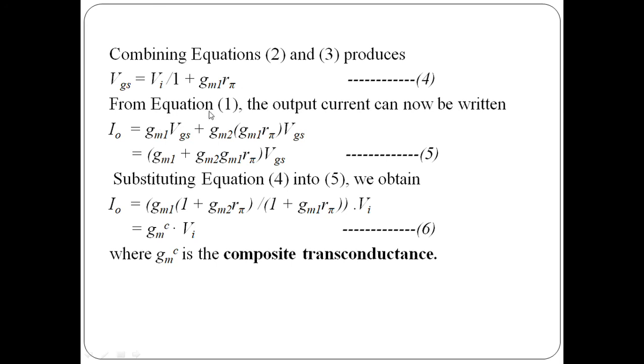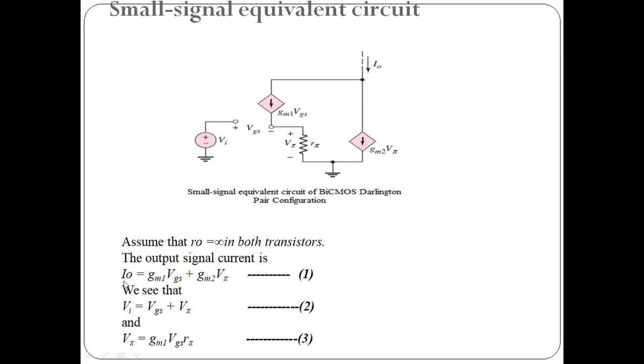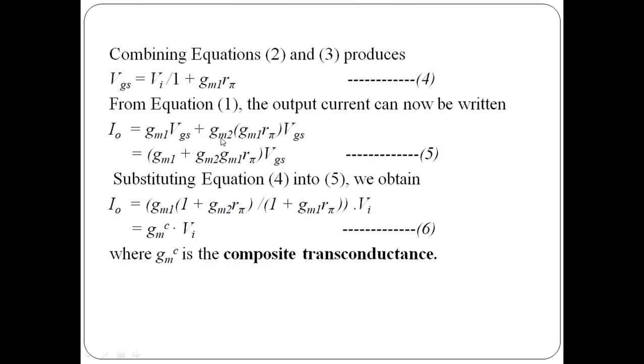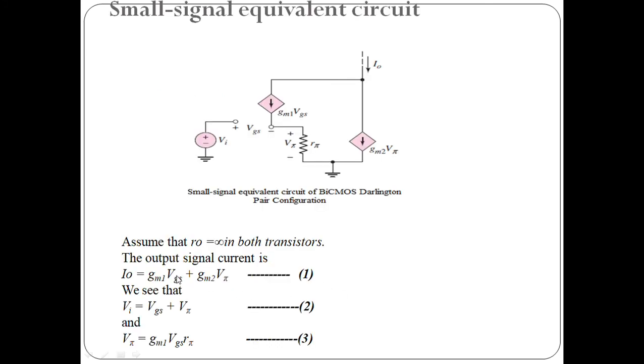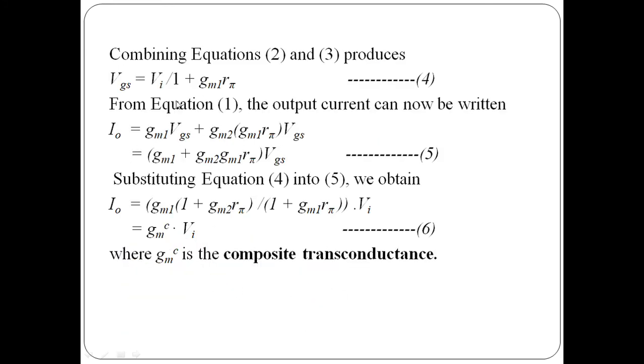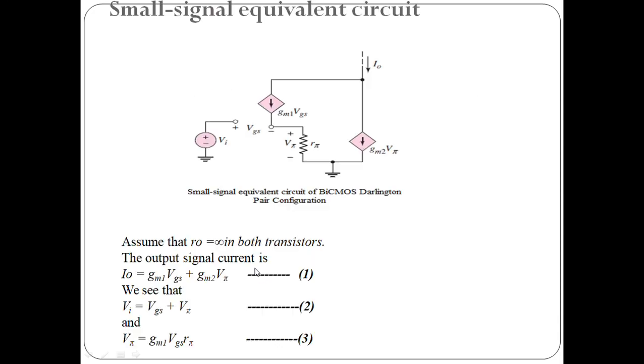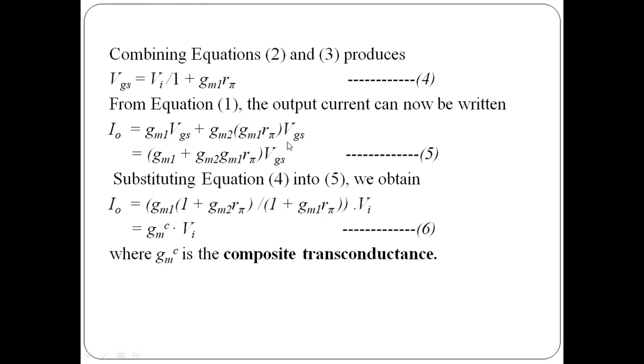From equation 1, I can write the output current equation as I0 equals gm1 into VGS plus gm2 into V pi. Replacing V pi using equation number 3, I can write the output current I0 equals gm1 plus gm2 into gm1 into r pi, into VGS.